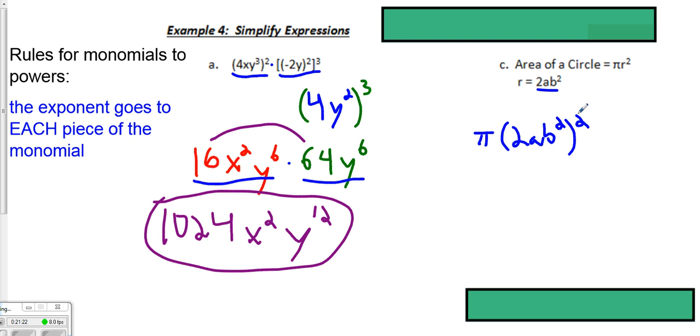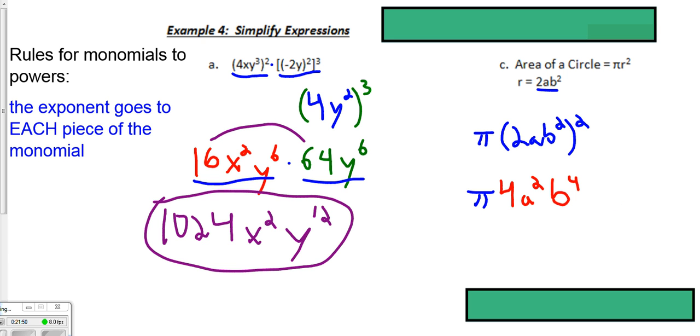So we know our rules. This squared, this 2, has to go to each of these pieces. Pi will stay as it is. This 2 squared becomes 4. This a squared becomes a squared. This b to the 2, or b squared, and then to the 2nd power becomes b to the 4th power.